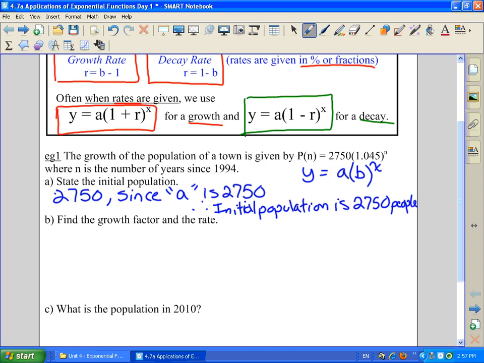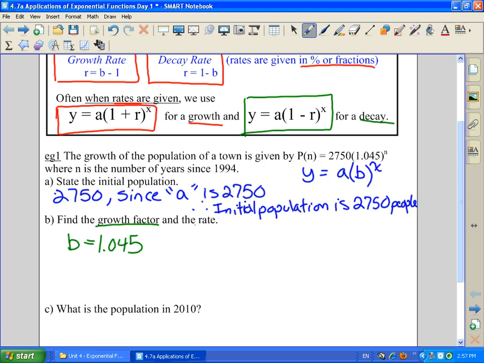B, find the growth factor and rate. First of all, looking at the expression, the base is greater than 1, so that tells us we have a growth. So the factor itself is B, so B equals 1.045. But then we're asked to find the rate.